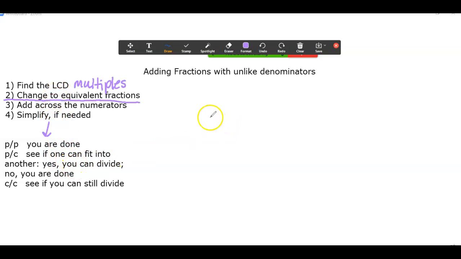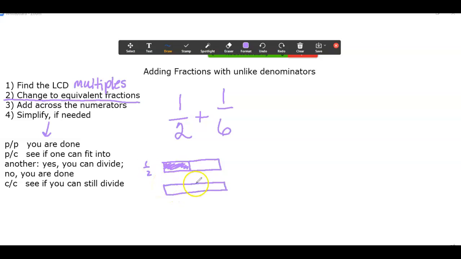Okay, so the first problem I'm going to do is 1/2 plus 1/6. Okay, so I would like to draw a picture to illustrate 1/2 plus I want to add 1/6. Okay, there's my 6th.